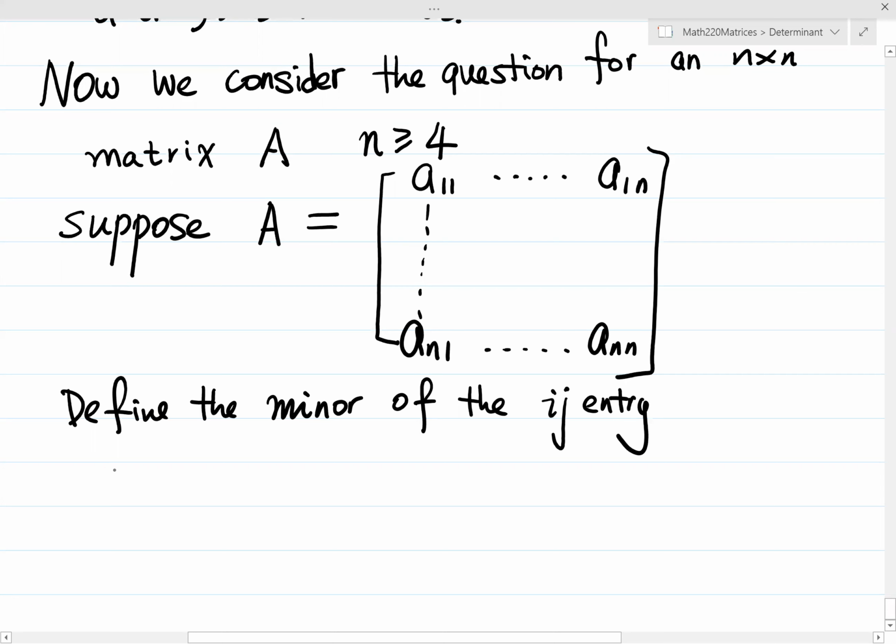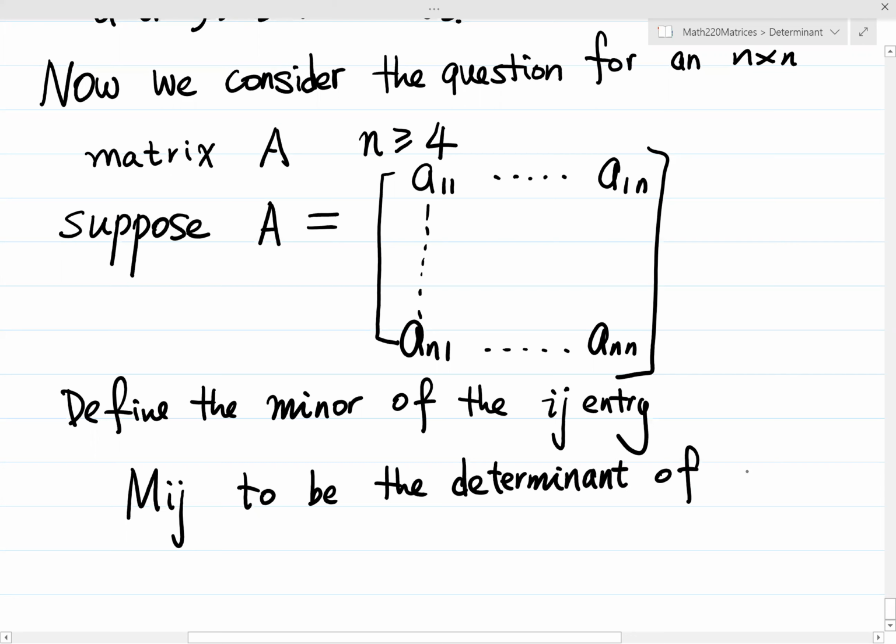We define the minor Mij to be the determinant of the submatrix that crosses out the ith row and jth column.